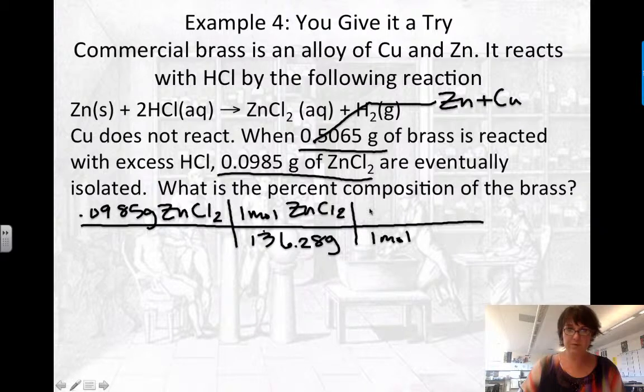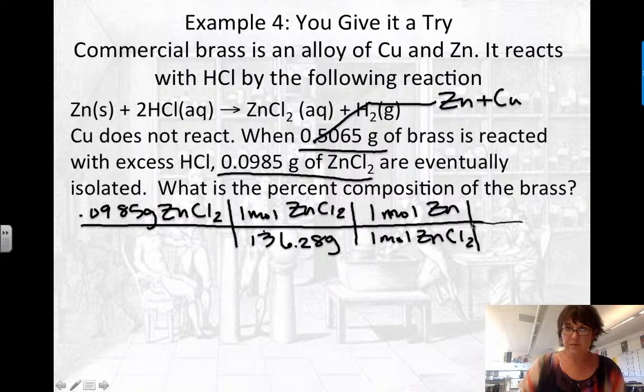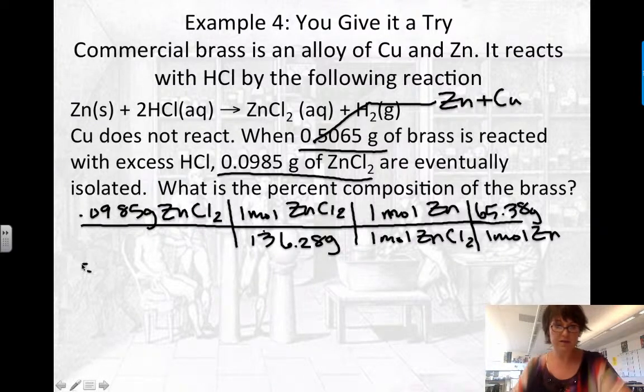All right, then my mole ratio is, let's see, 1 mole of zinc chloride comes from 1 mole of zinc. We're almost there. Let's go to grams of zinc now. 1 mole of zinc weighs 65.38 grams.